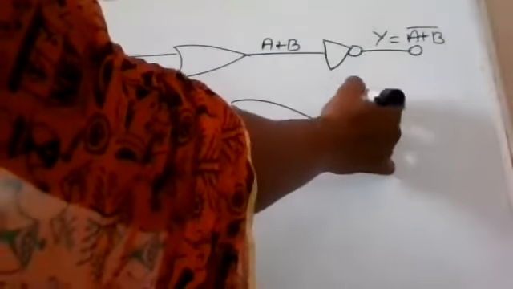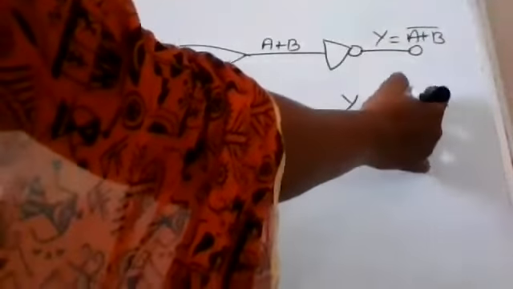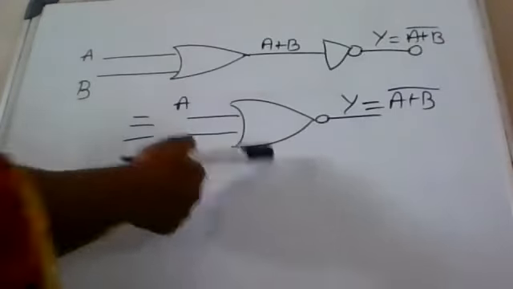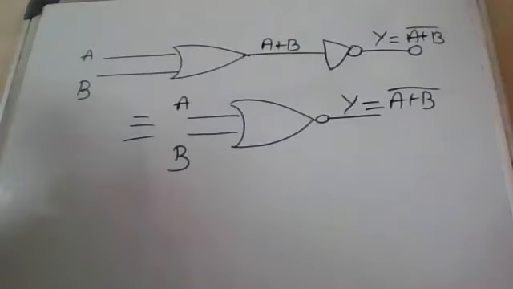This is also the NOR gate output, A plus B complement. So this symbol also represents NOR gate. So NOR gate is a combination of OR gate and NOT gate.